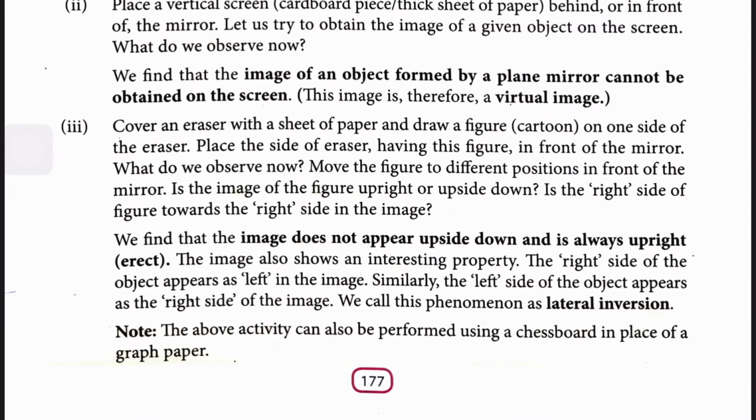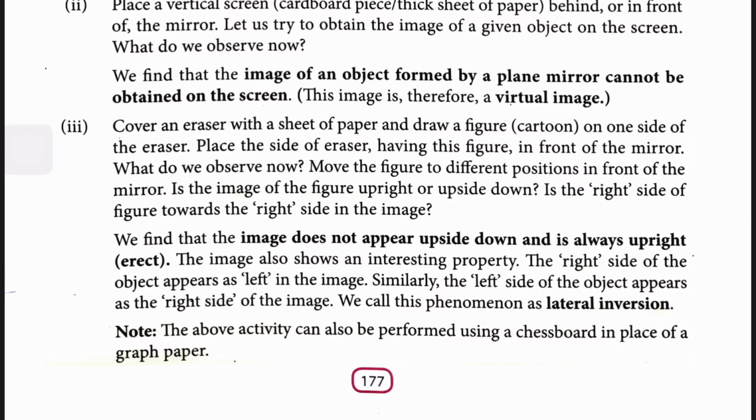We find that the image does not appear upside down and is always upright, erect. The image also shows an interesting property. The right side of the object appears as left in the image. Similarly, the left side of the object appears as the right side of the image.